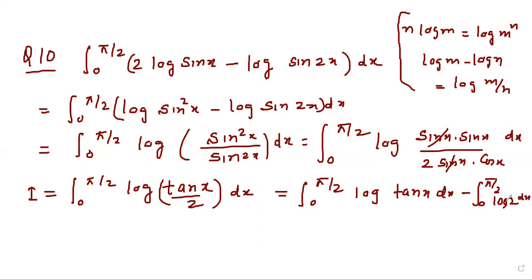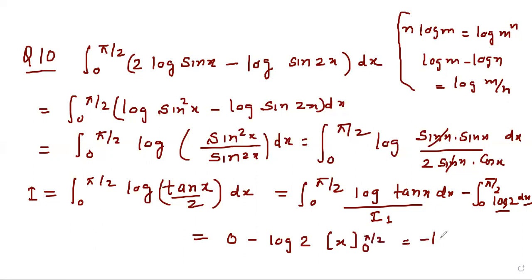So the first term will become 0, that we are going to show. Suppose we take it I1, so it will become 0. And from the second one, we will get log 2, and dx will give x with limits 0 to pi by 2.